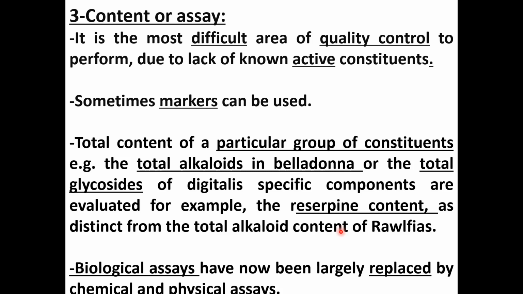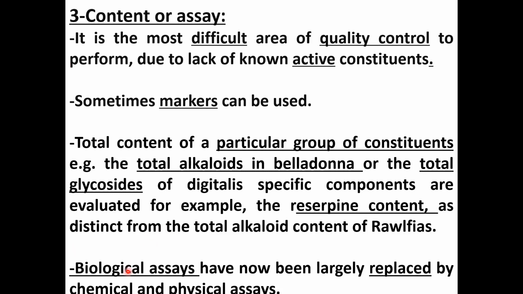The third important step to assure the purity, efficacy and safety of herbal drugs is the content or assay. This is the most difficult experiment to achieve, because in most cases there is no known clear active constituent of the herbal drug.